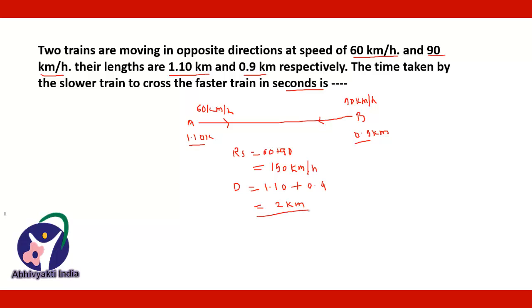This is the total distance the slower train has to cover to pass the faster train.